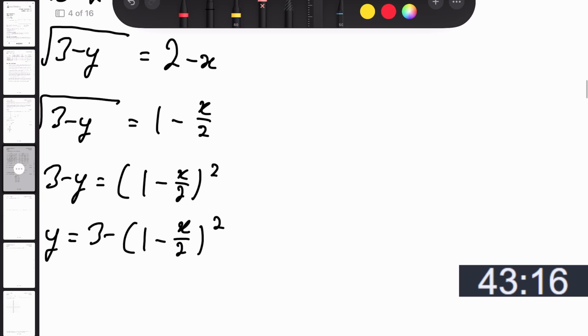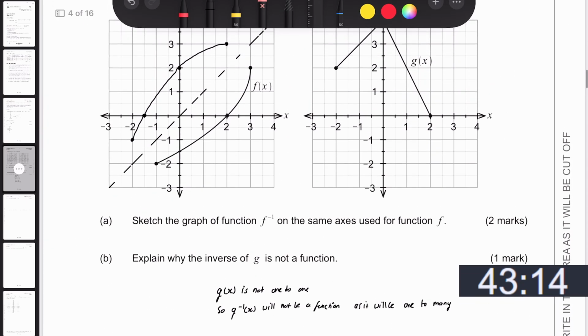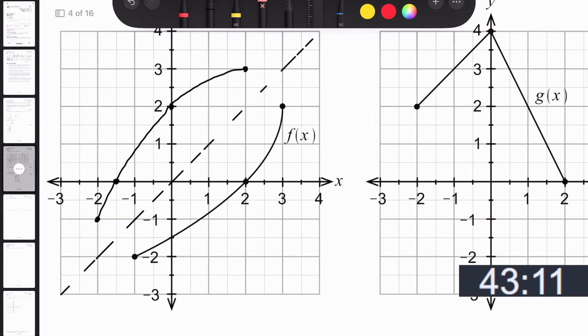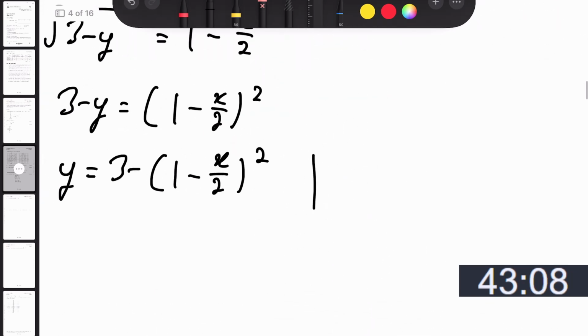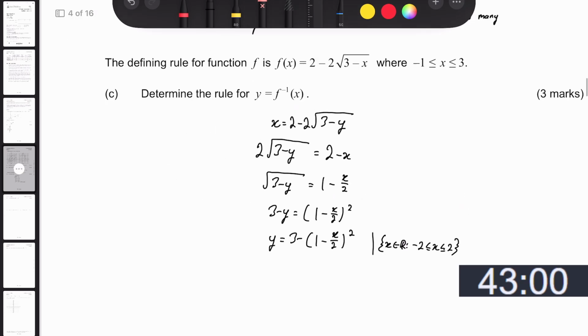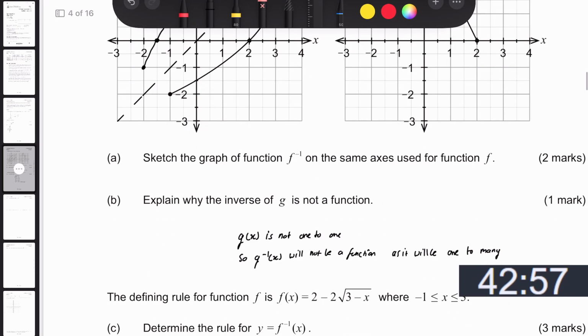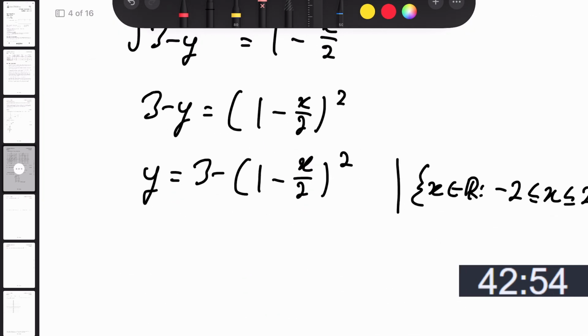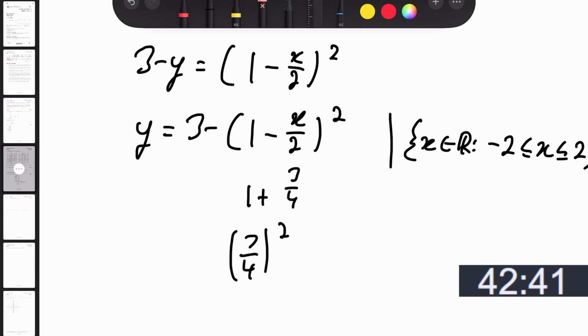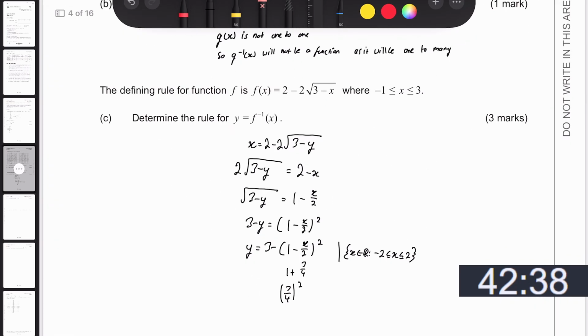And then let's say, given that the range of f of x is negative 2 to 2, so we'll say given that x is a part of the reals such that negative 2 is less than or equal to x, which is less than or equal to 2. So negative 1.5. 3 on 4. Equals 0.